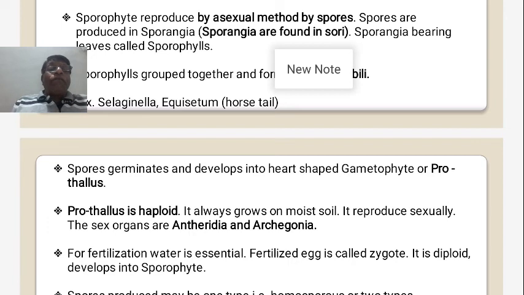Archegonia are the female sex organs. Okay. Antheridia, when they reach maturity, produce the male gametes, sperms, which are multiciliate. And Archegonia produce the female gamete, namely the egg.